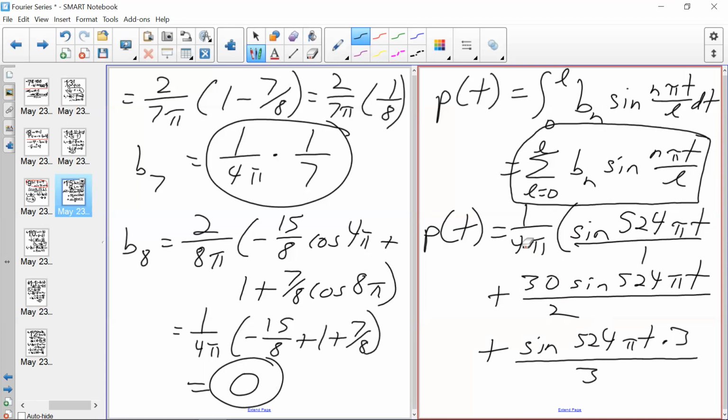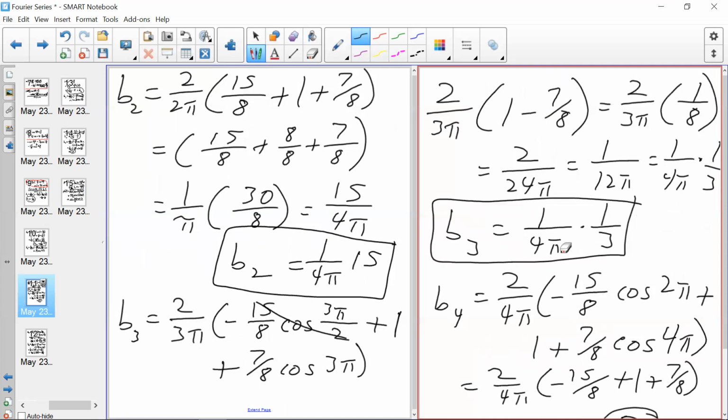But again, 1 over 4 pi is the term to be factored out. This is the first term, 1 over 4 pi times 1 over 1, which is 1 over 4 pi, and 1 over 4 pi in the second term. The second b n term, or b sub 2, was 15, but keep things consistent with their sequencing. This is the second term, so 30 divided by 2, which is 15, times 1 over 4 pi. And then 1/3 times 1 over 4 pi, which we saw is b sub 3.